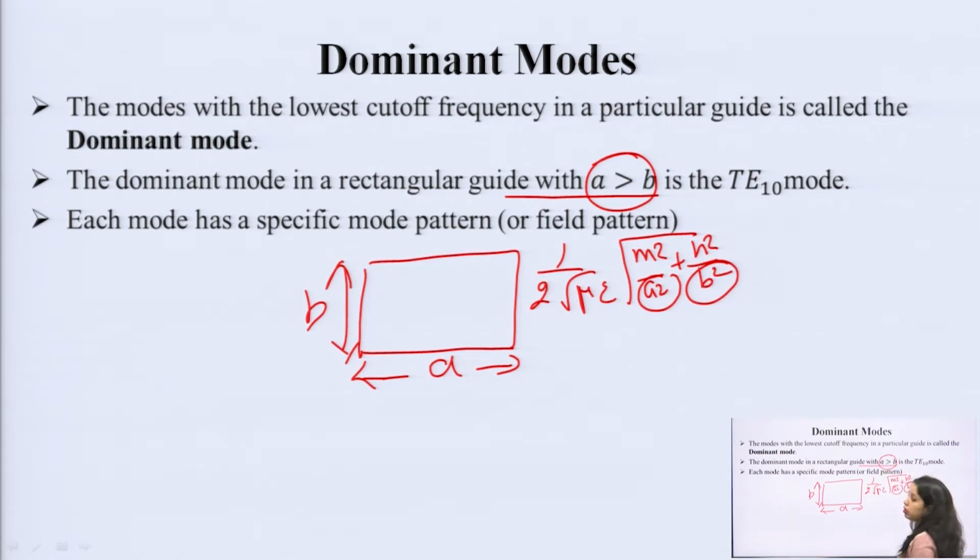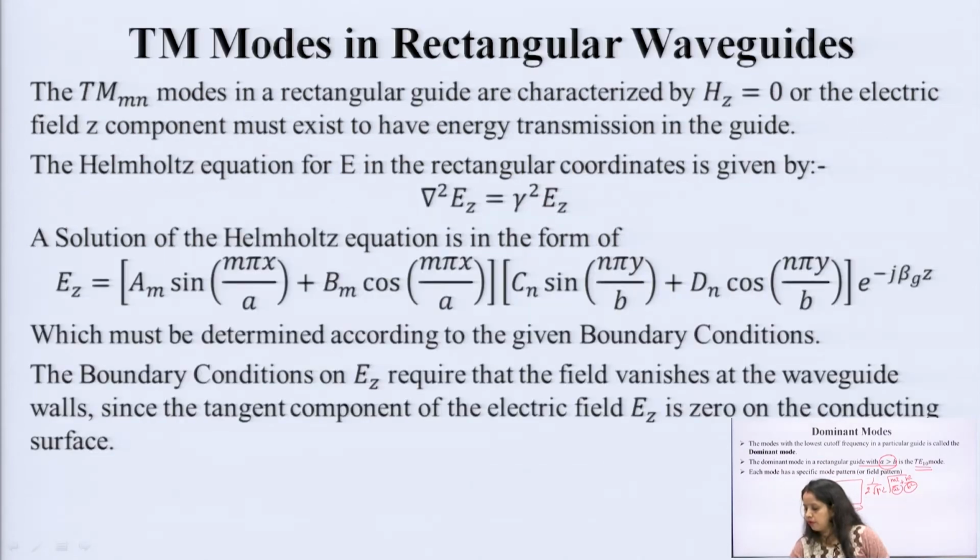So a should always be greater than b. If this condition is applicable, TE10 is the dominant mode, and this mode will have the lowest cutoff frequency.